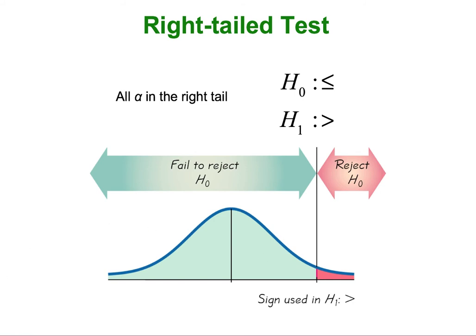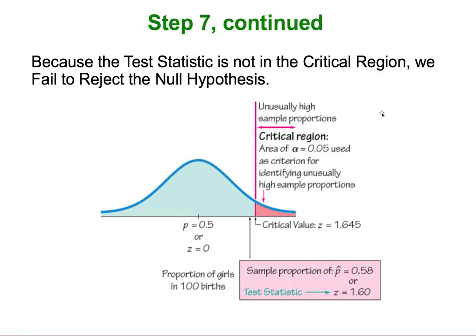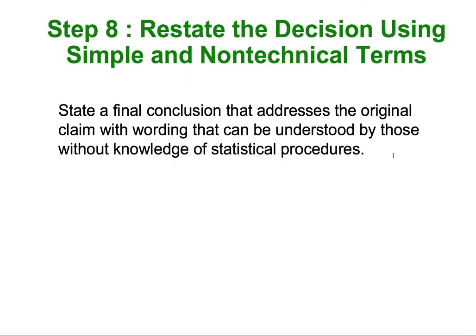And so because of that, we fail to reject the null hypothesis. The test statistic is not under the critical region, which you see indicated here, and so we fail to reject the null.